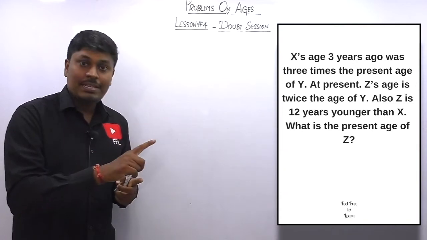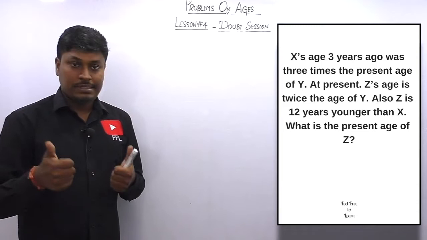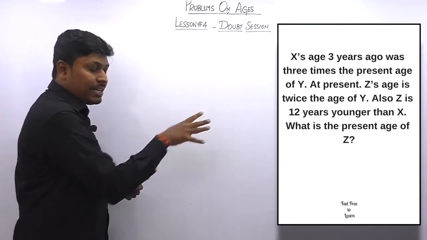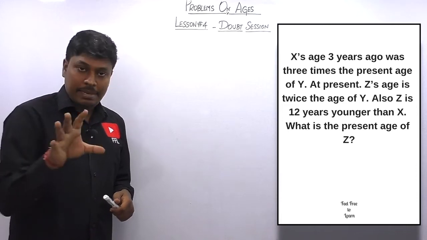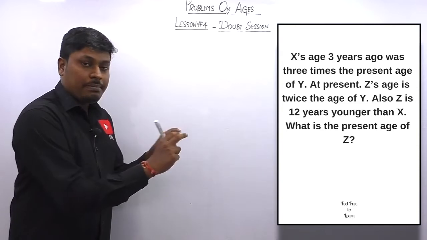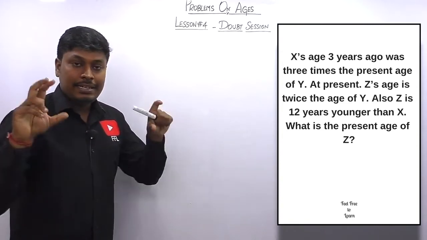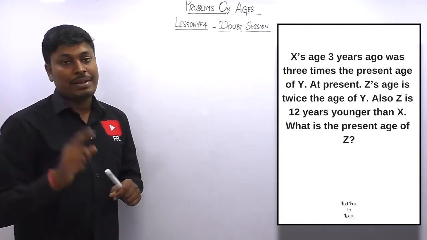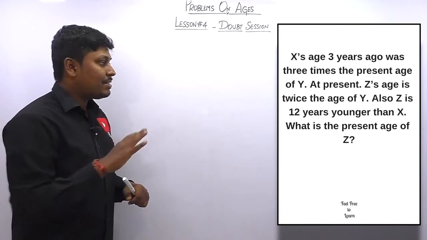So we can also say my age and your age difference is 4. So friends, got it? Remember that if they are talking about one person being 12 years younger than other person, the meaning is both the persons' age difference is 12. Similarly, if one person is 12 years older than other person, the meaning is the difference between both the persons' age is 12, right? Which I have taught you in lesson number 3 and every lesson in these problems on ages, right?